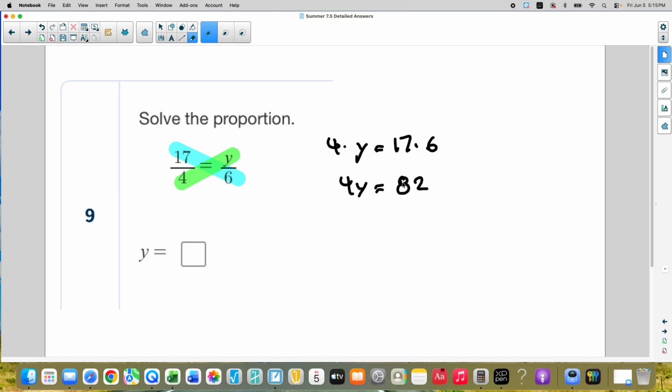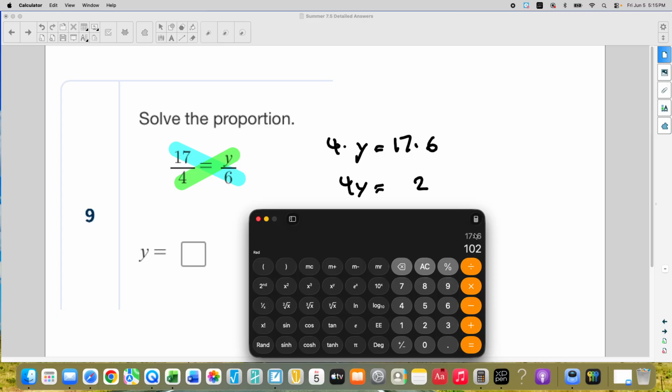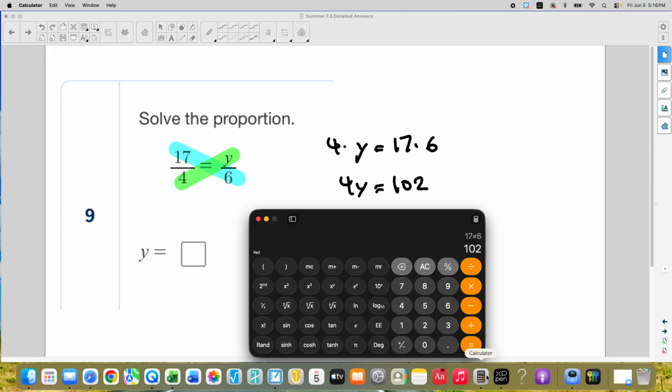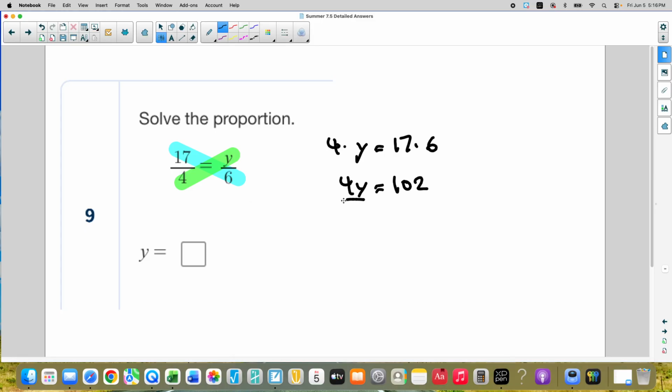See, this is why we check. I was wrong, so now I know. Oh, that was really bad. 102 is the answer? Okay, 102. Hello, Mr. Mac. 102, yes, duh. Divide by 4, y equals 2.